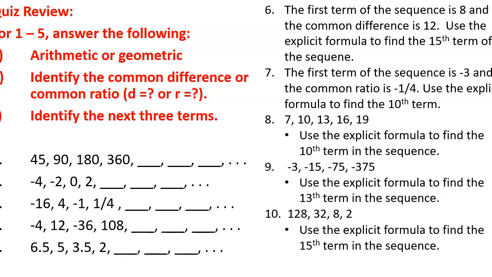For 6, 7, 8, 9, and 10, you're using the explicit formula to find the term that you are asked for. And then once you're finished, if you go to the next screen, you'll be able to see the answer key. Okay. This is all I'm going to give you for today, plus your LHS Mastery.